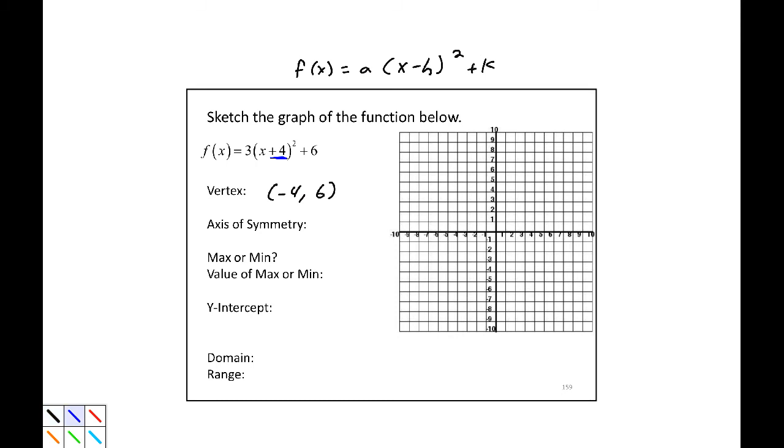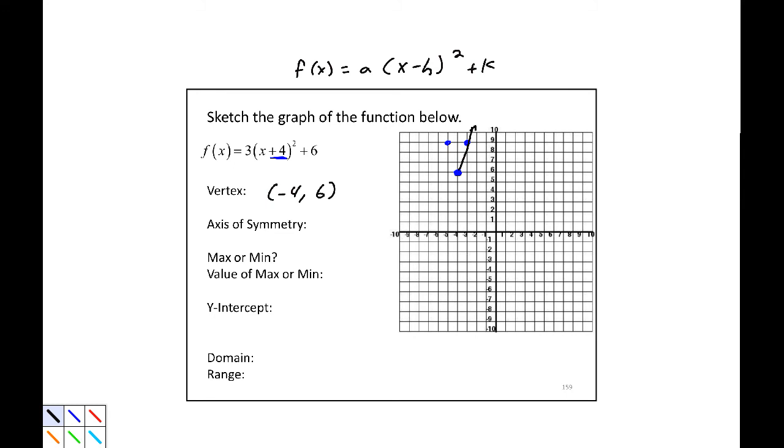So (-4, 6), with an a value of 3, which means there is a stretch, and because a is positive, it's stretched up. So 1, 2, 3. So we have points at (-3, 9) and (-5, 9).